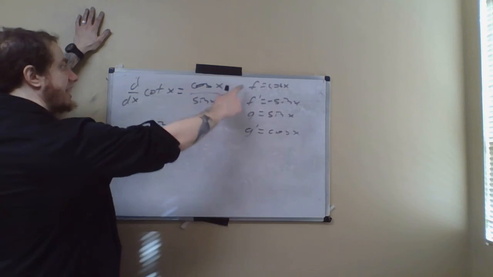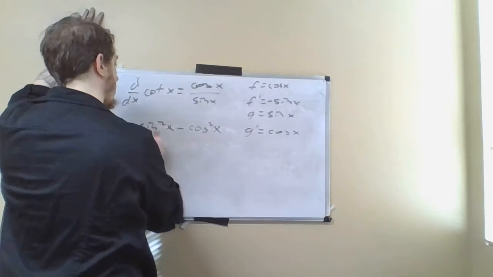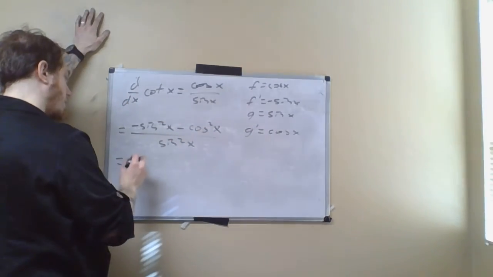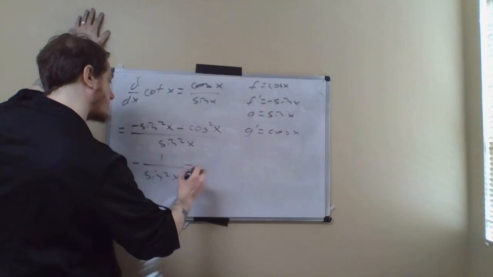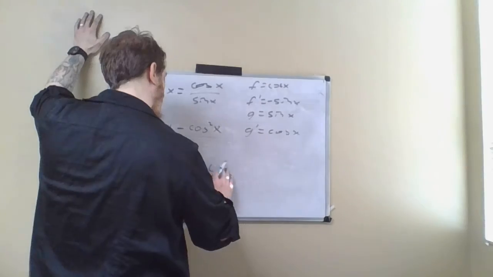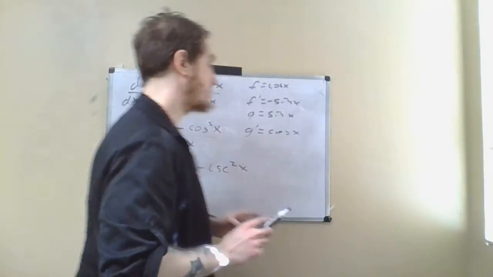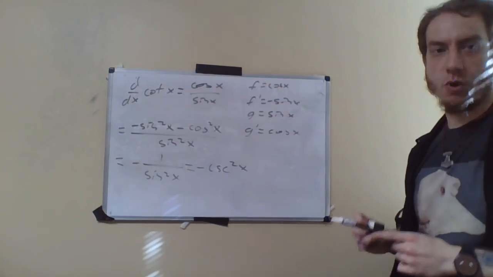Then we have to subtract f times g prime, which is cosine squared x, and in the denominator we get sine squared x. Well, this is actually negative 1 over sine squared x, which is negative cosecant squared x.